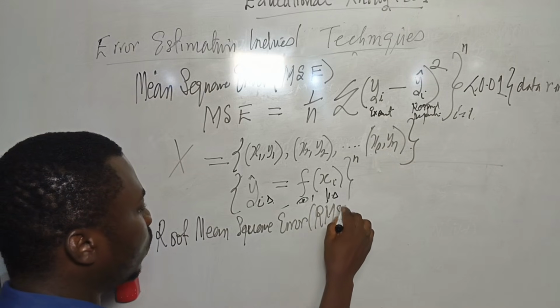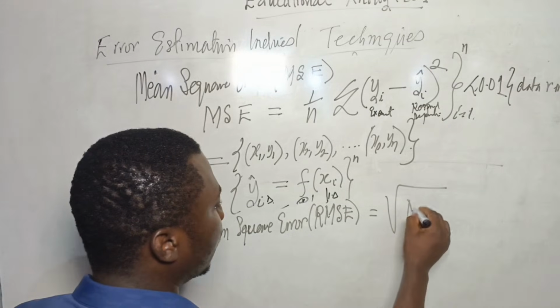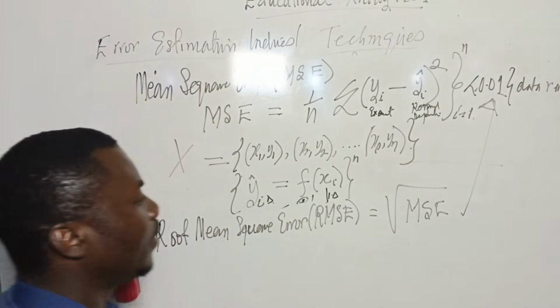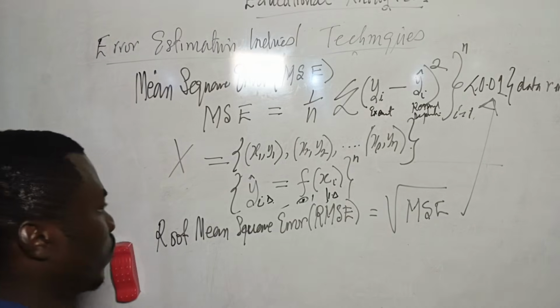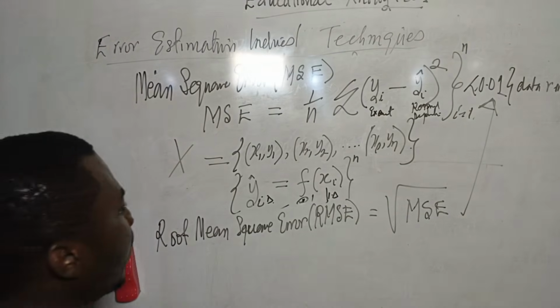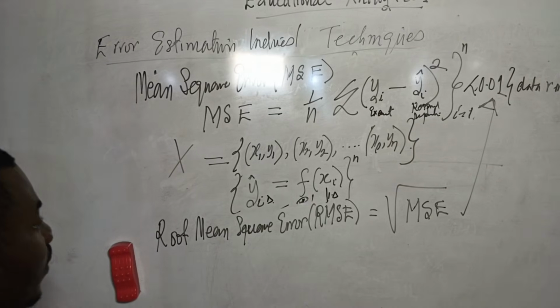Root mean square error. Simple, it is the square root of the mean square error, and the threshold is like the previous one. So you only take the square roots of the mean square error, and then you obtain the root mean square error.